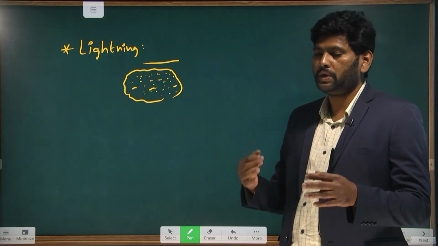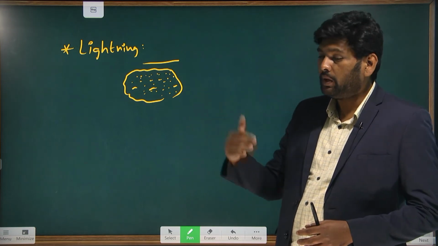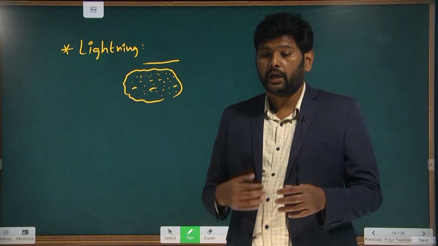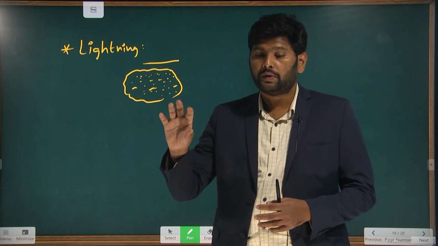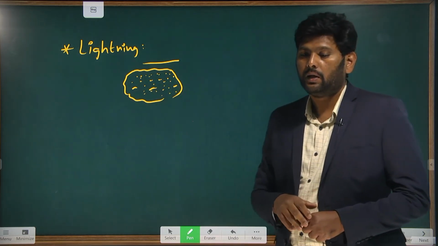Because of that potential difference, the air between the clouds also gets ionized. When the air between the clouds is ionized and the transfer of charges takes place, it appears as lightning.